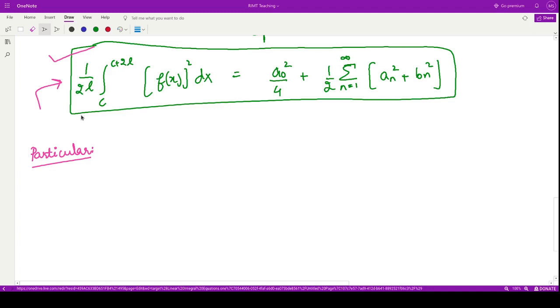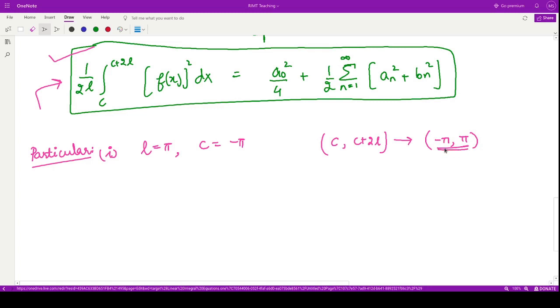You should use it as if it is on your memory. So in the first case, suppose your L is equal to pi and your c is given to be minus pi. So in that case, your interval c to c plus 2L would reduce to c as minus pi and c plus 2L would become pi.